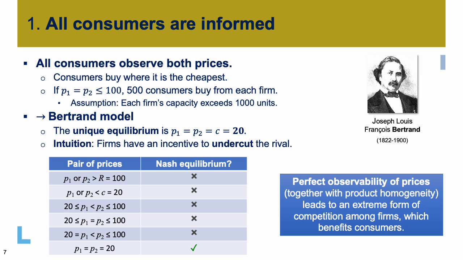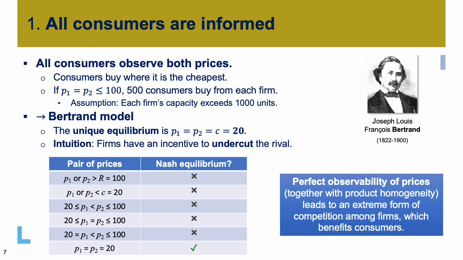If P1 is lower than P2, all consumers will buy from firm 1. If P2 is lower than P1, all consumers buy from firm 2. And if the two prices are exactly the same, then we assume that half of the consumers, 500, buy from each firm.